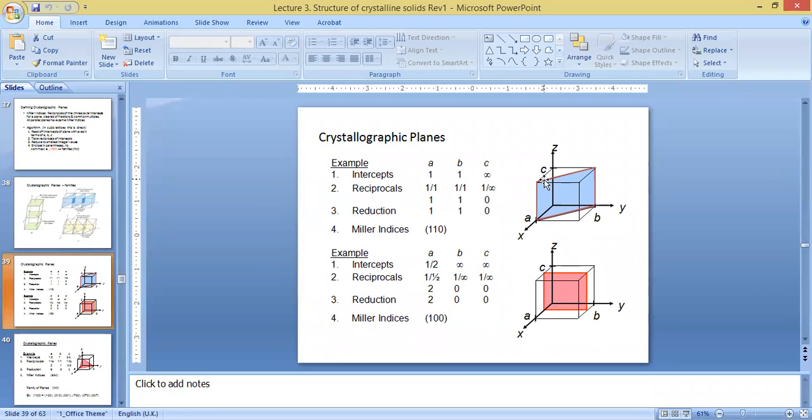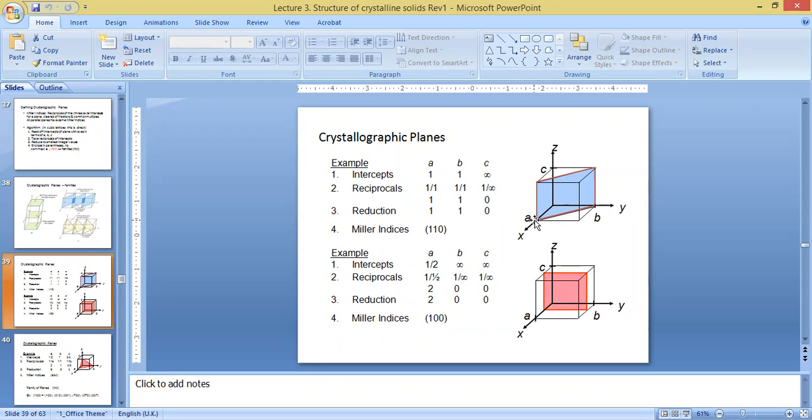So like I said earlier, let's try and draw it together. So unlike the directions, where we were following the points, going wherever they went, with the planes we're just simply plotting on the axes themselves.